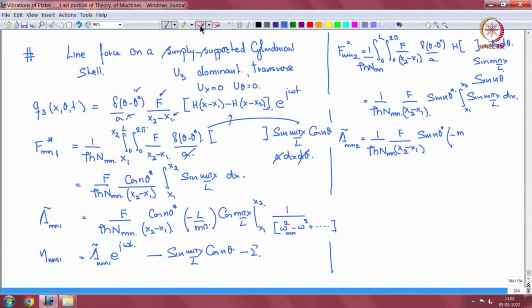So integral differentiation minus L over m pi cos m pi x over L from x1 to x2, and the frequency term in the denominator omega mn square, etc.